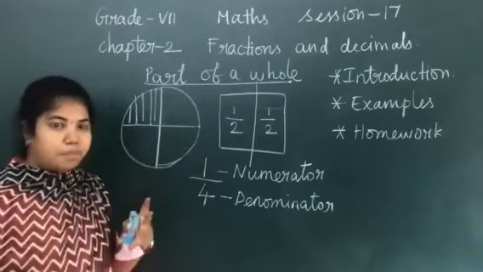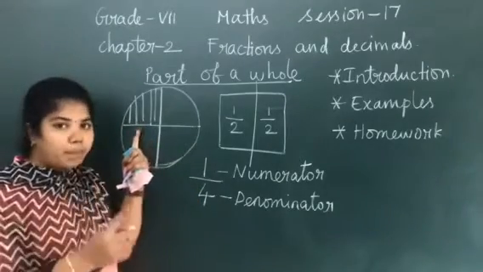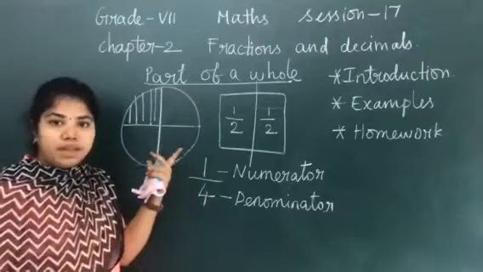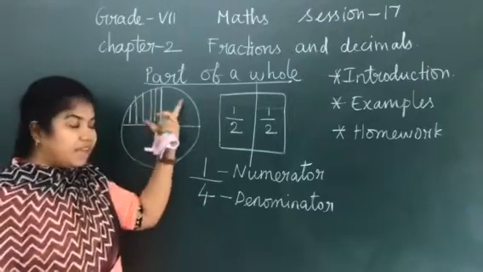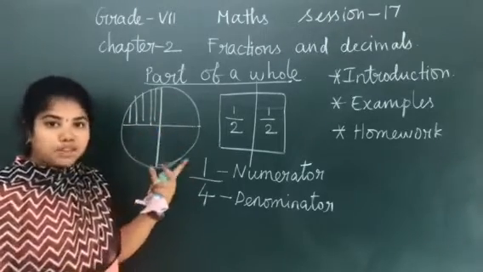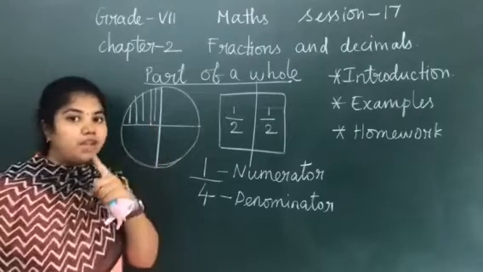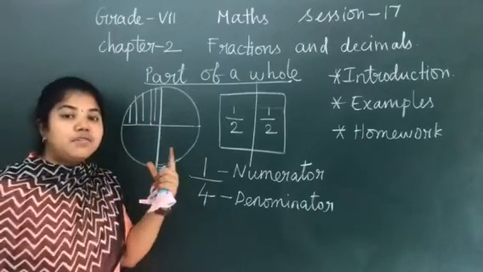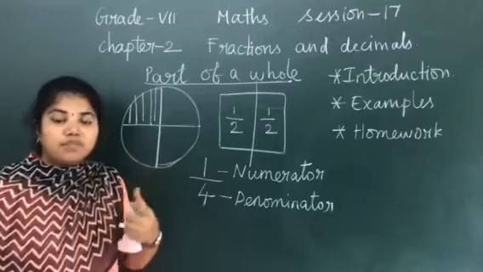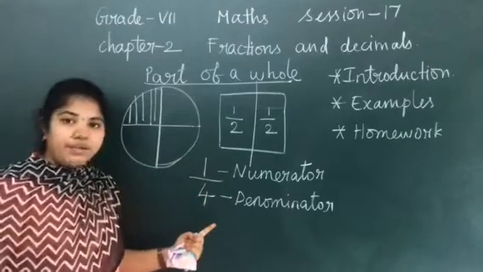Among those 4 equal parts, I shade only one part. For example, let it be a pizza. Now that pizza is cut into 4 parts and one part is taken by you. What is the fraction of the pizza that you have taken? It is 1 by 4.